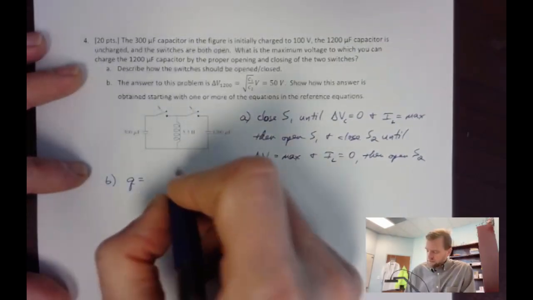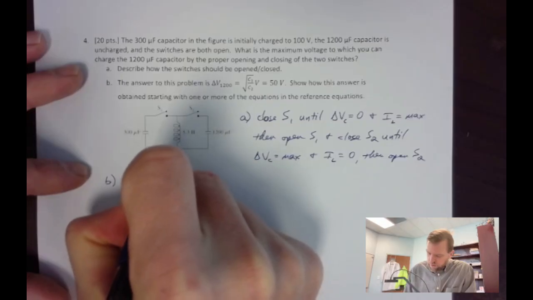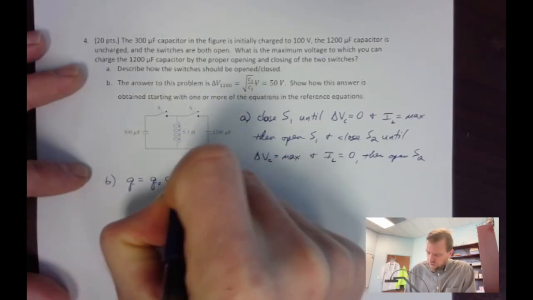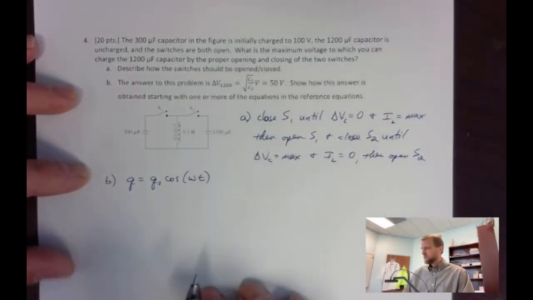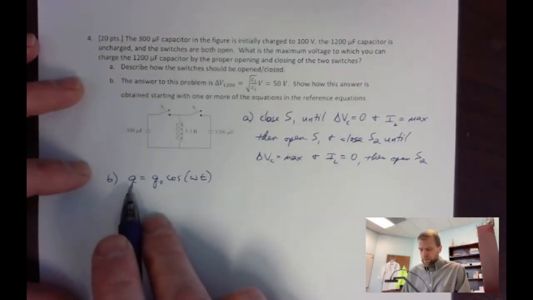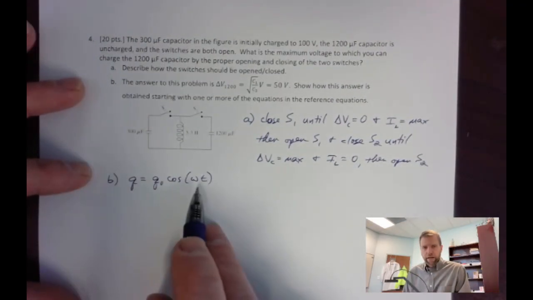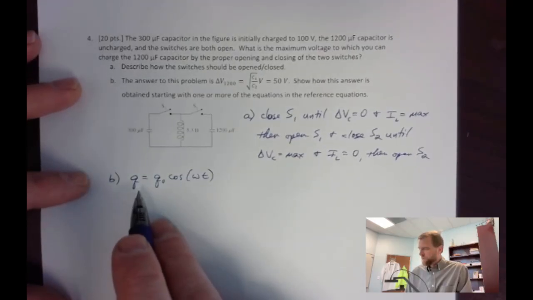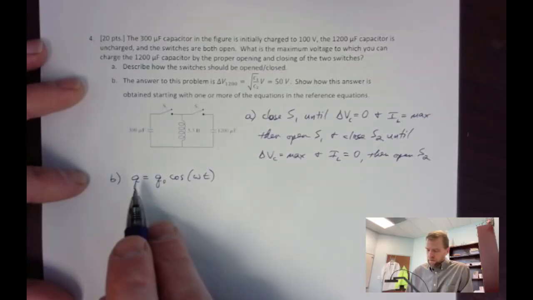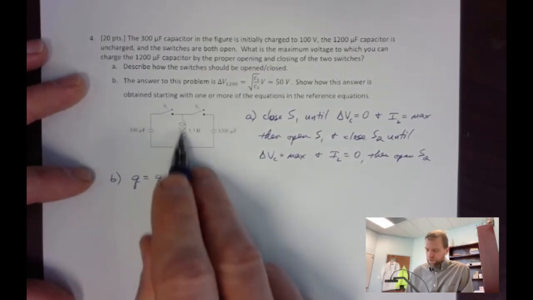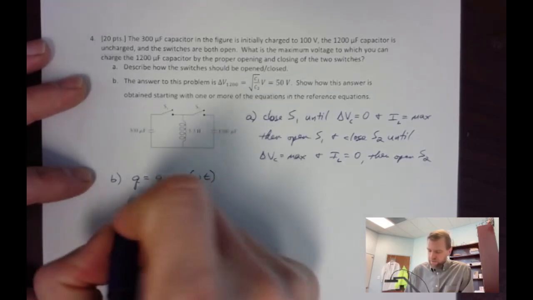Q is Q naught cosine omega t. All right, so this is just the charge on the capacitor that you start with. And if I want to figure out what the maximum current is, I got to take the derivative of this.